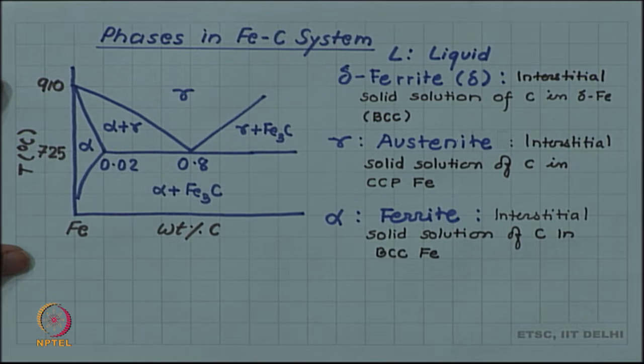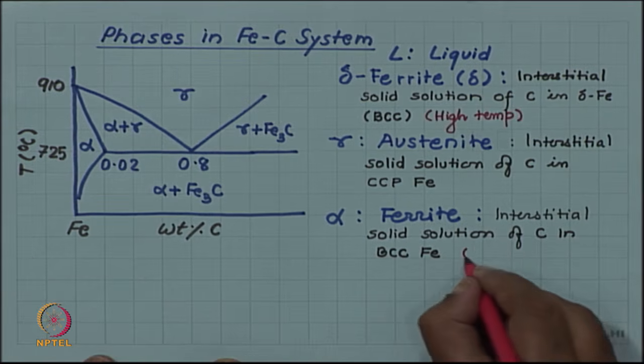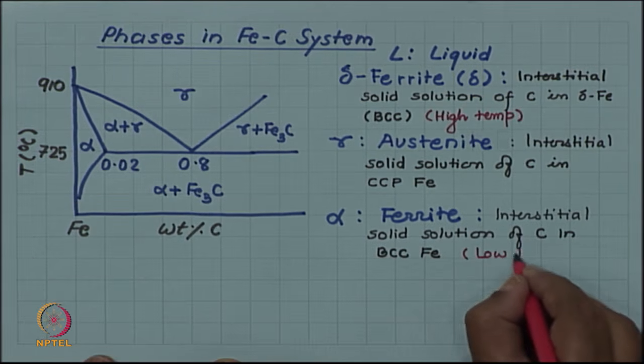So, both delta and alpha have the name ferrite, only the delta is known as delta ferrite. The difference is that this is a high temperature region, this occurs in the low temperature region. So, let us point that out. This is a high temperature version of ferrite, and this is a low temperature version of ferrite.